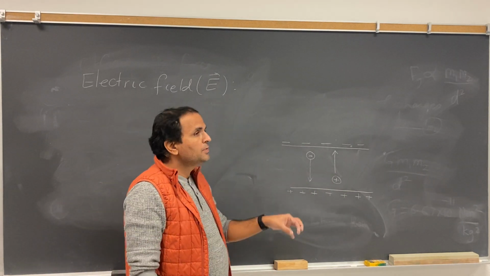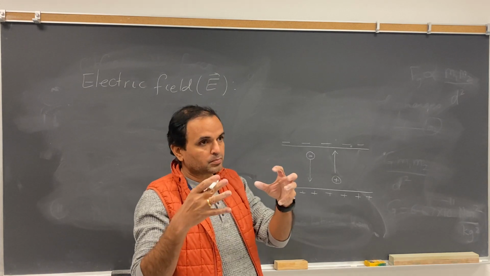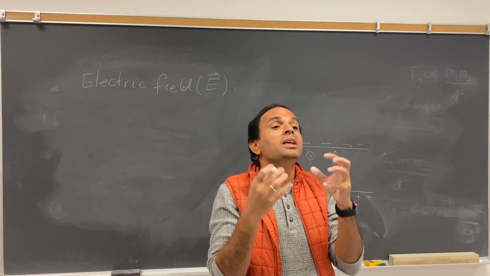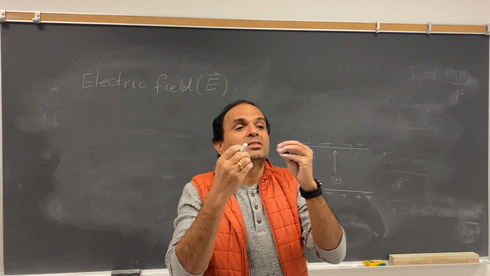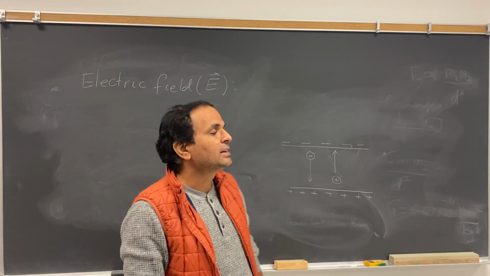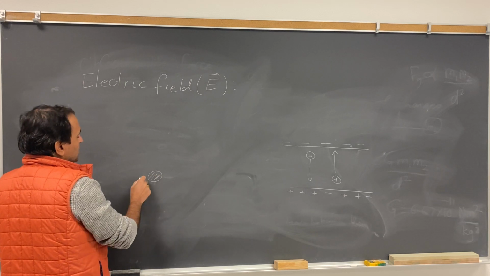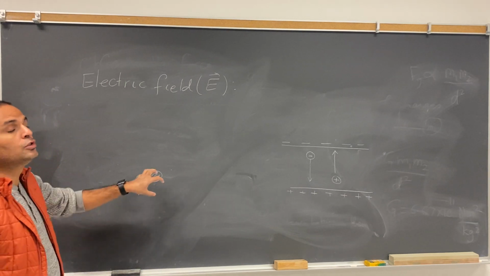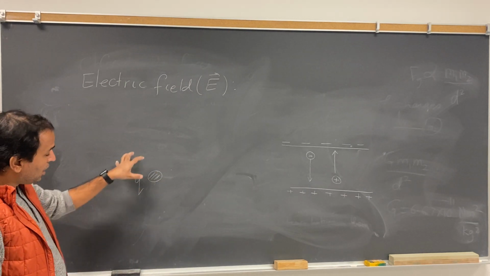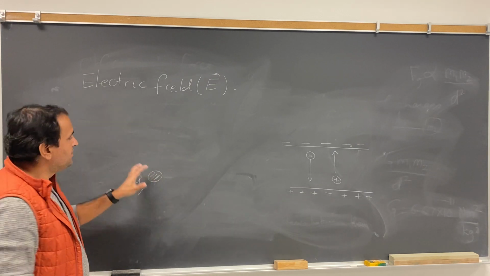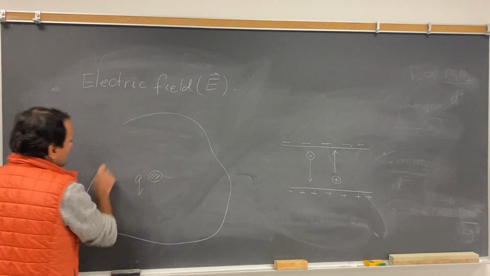So if you bring a charged particle inside the electric field, for example, let us suppose here you have one charged object Q, we call the source charge. Then you can measure its effect around here, somewhere there.